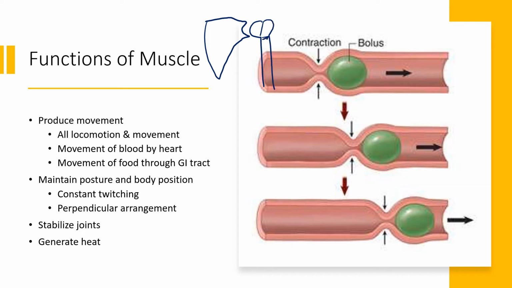Here's your surgical neck, right? This is a shallow joint. So in order to keep the humerus stable inside of the glenohumeral joint, you have muscles that come and wrap themselves around and hug the humerus into the joint, the ball into the socket of that joint.